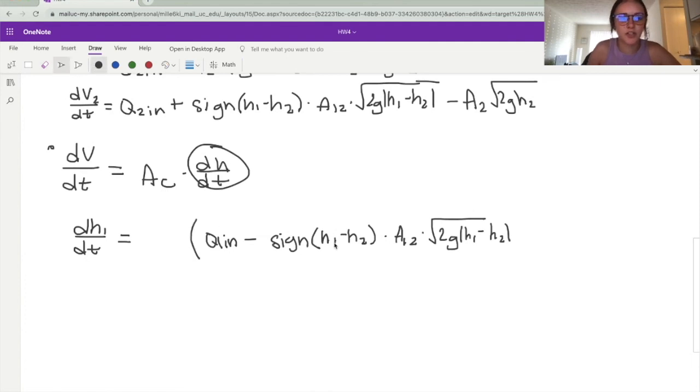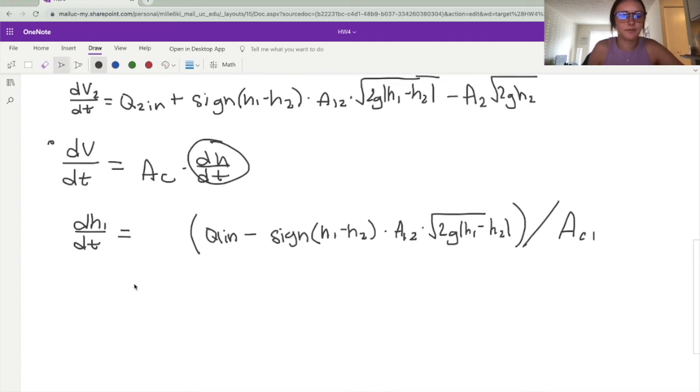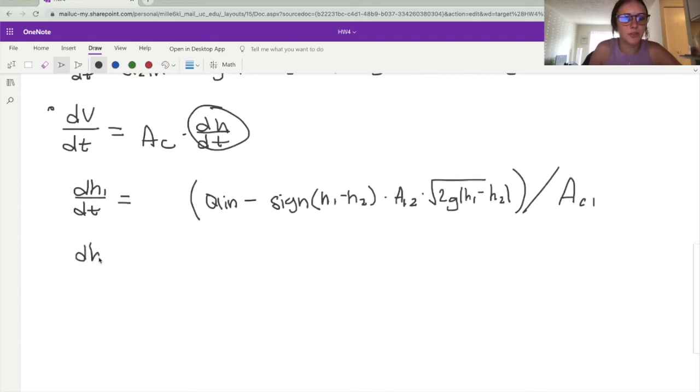So this is our equation for dV1 over dt, and we're going to have all of this divided by the cross-sectional area of 1. And we are going to do the same thing for height 2.